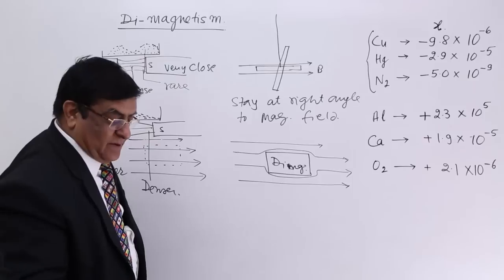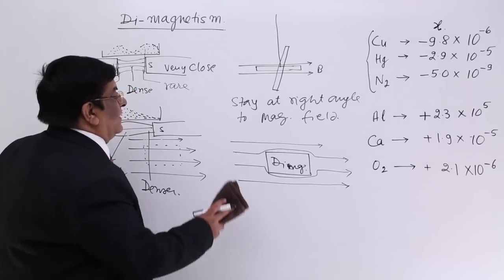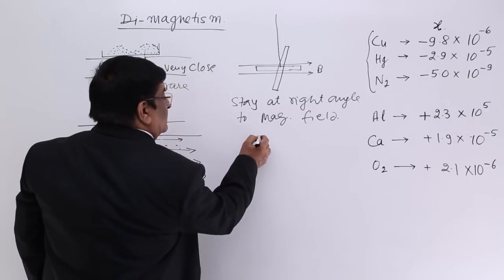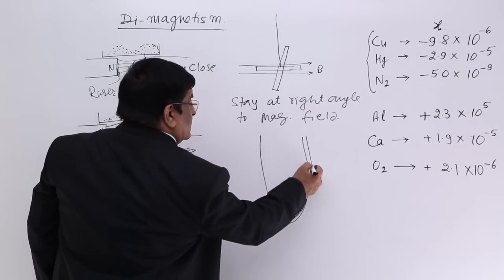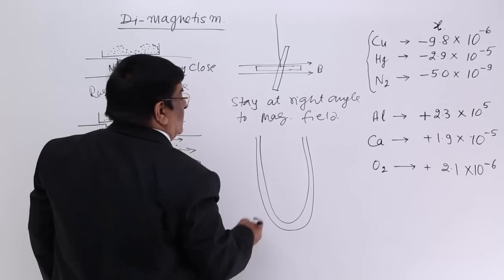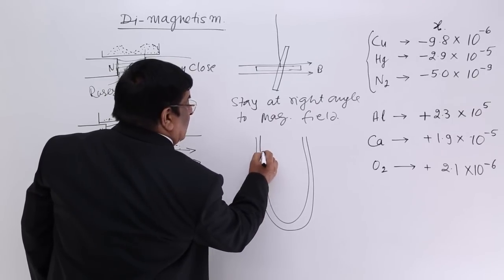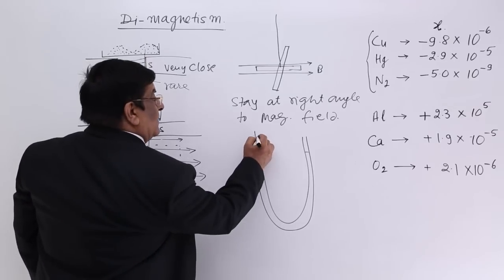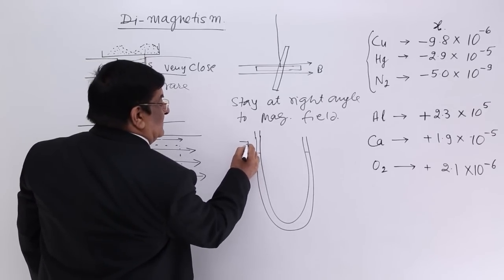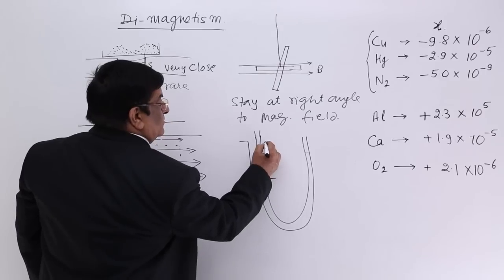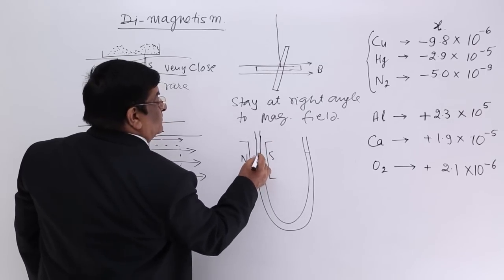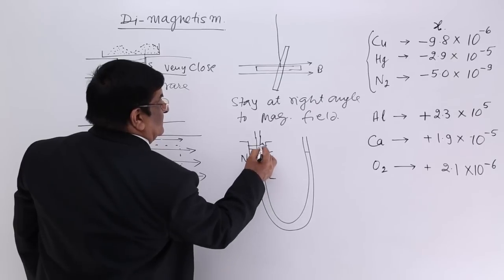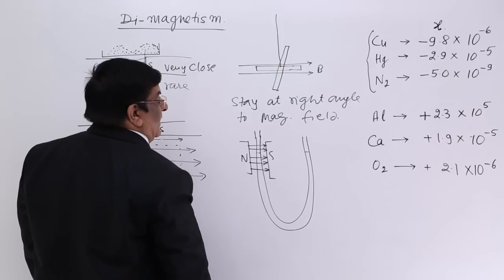See another beautiful example. We have a U-tube. In the U-tube we put mercury. Normally when we put mercury, it will come to the same level. Now here I put a magnet, so this end is exposed to the magnetic field.